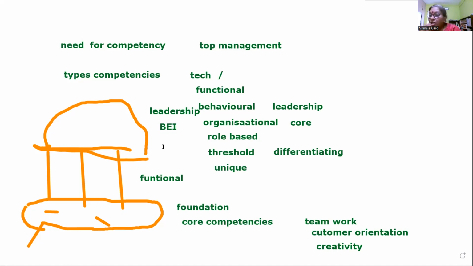Then we look at the entire script, do the coding, what we call thematic analysis, and we arrive at the key leadership competencies which are required.